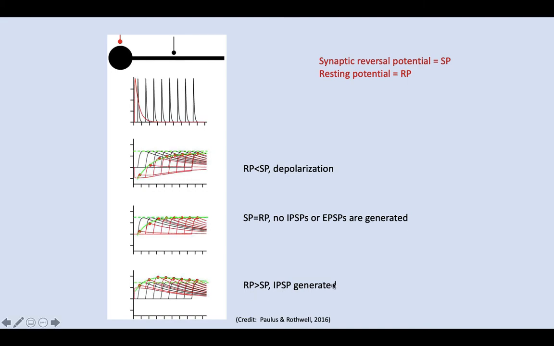Then down here, the resting potential is greater than the synaptic reversal, with less negativity than the chloride equilibrium potential. There's an activation of the inhibitory response. The synapse generates an IPSP, and this leads them to believe that shunting inhibition will add some effects and increase the effectiveness of the neuron.